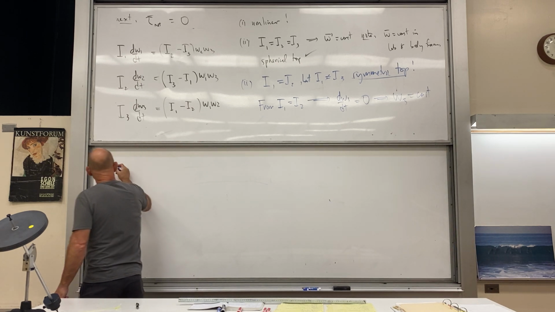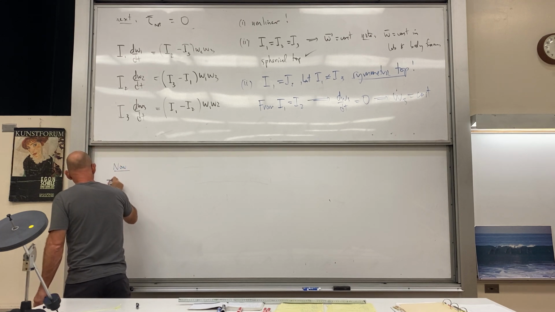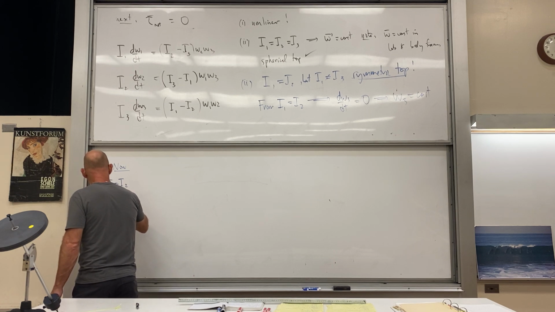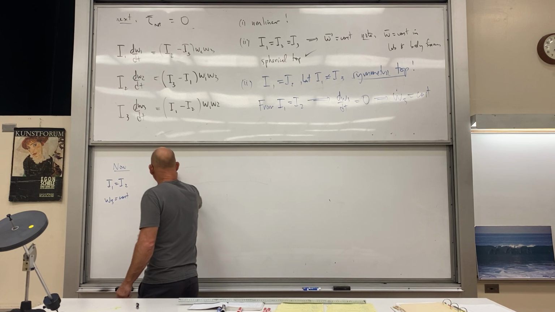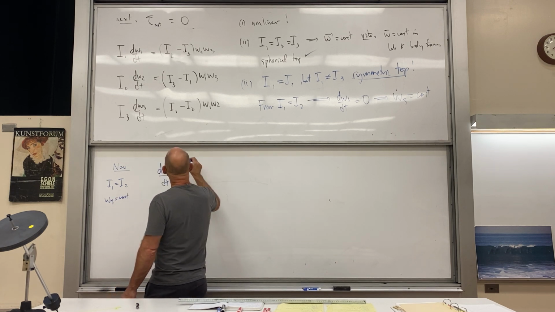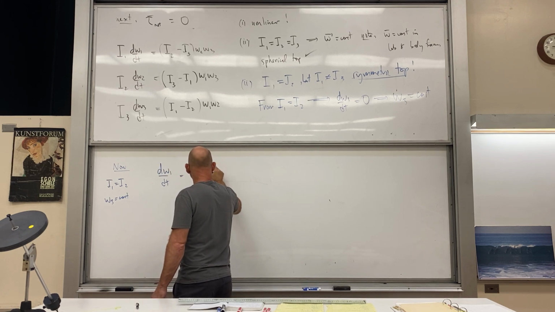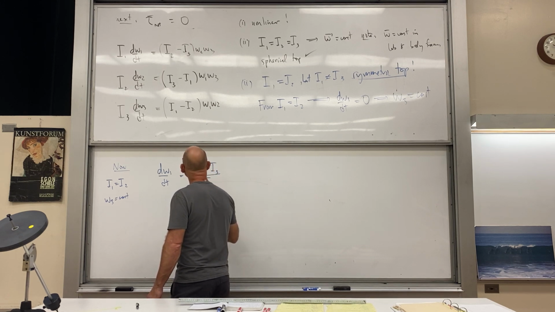So now, since we have I1 equals I2, omega 3 is constant, we can write d omega 1 dt is equal to I1 minus I3 divided by I1.